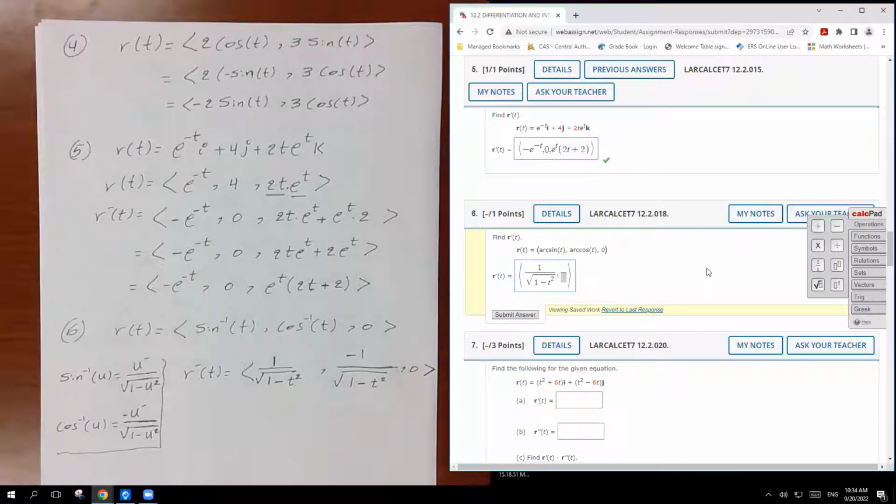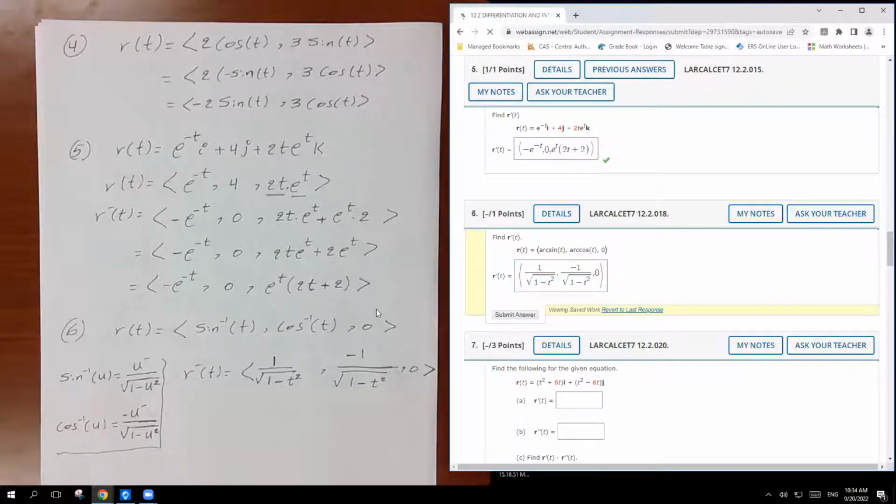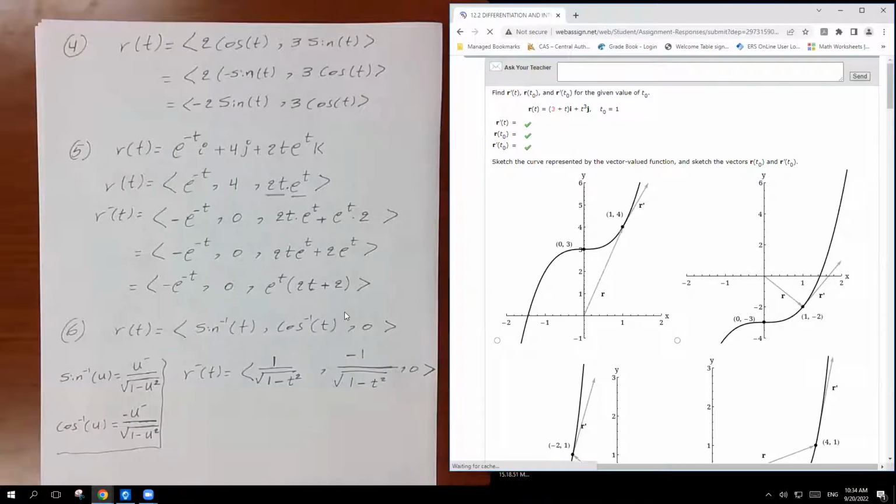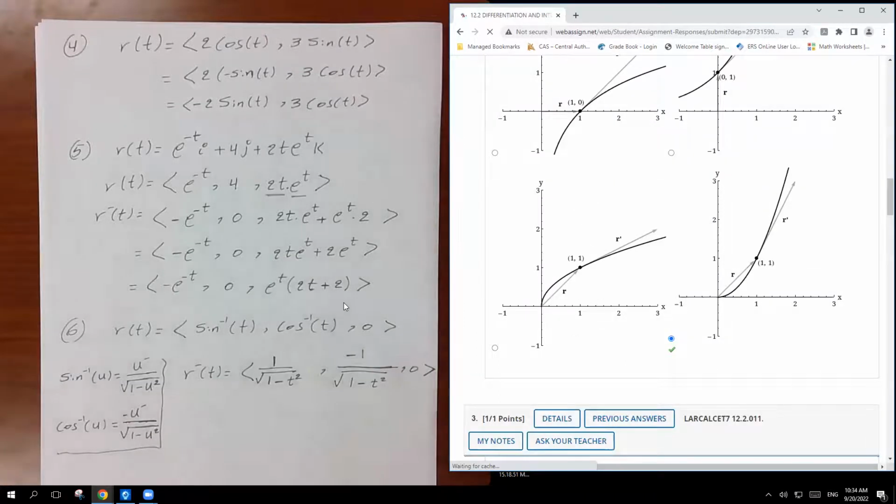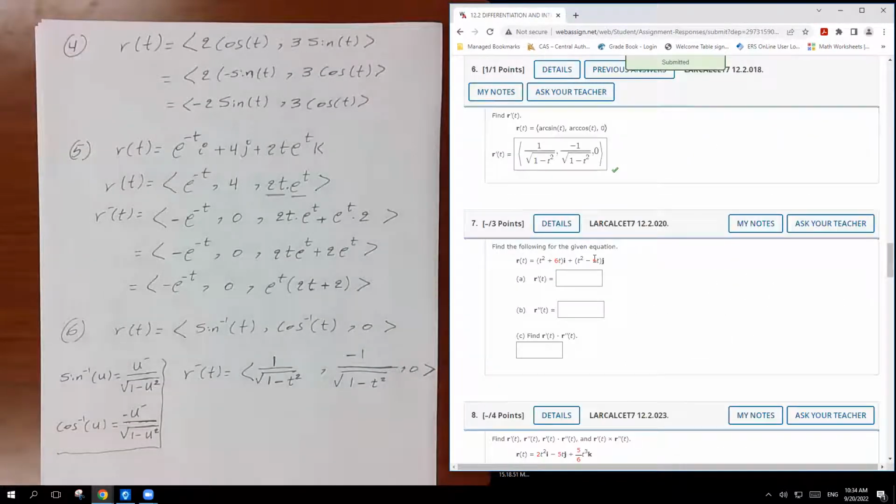The second one is negative 1 over square root of 1 minus t squared, and comma 0. That's it for this example.